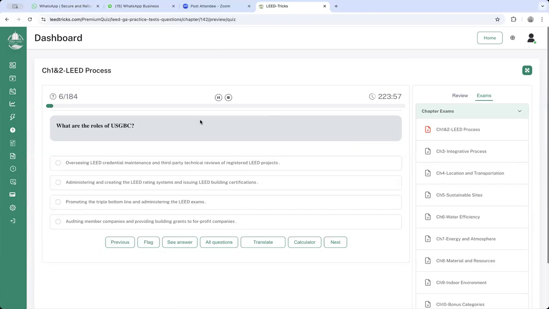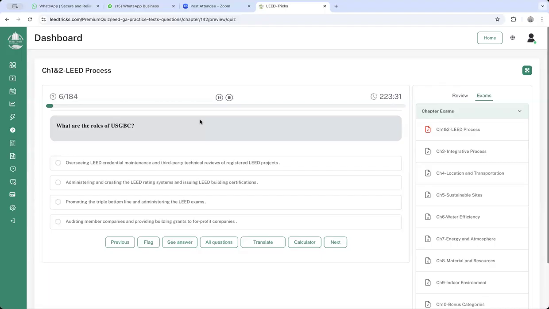Overseeing LEED credentials, and third-party technical review of registered LEED projects. Okay. LEED credentials. Administering and creating LEED rating systems and issuing LEED building certification.